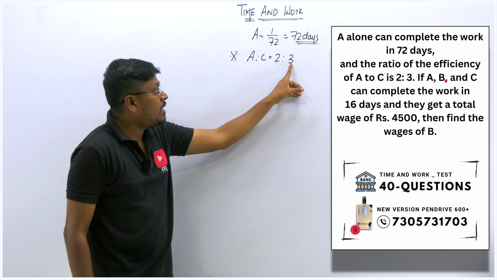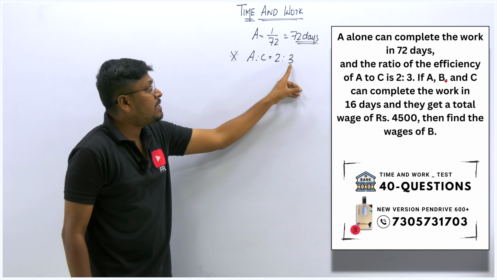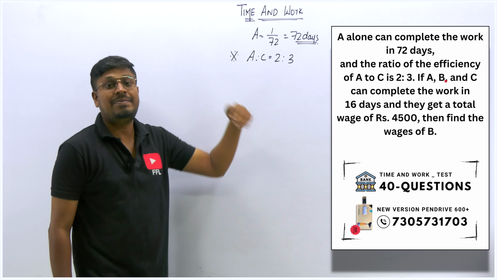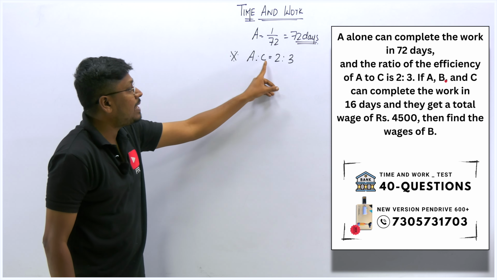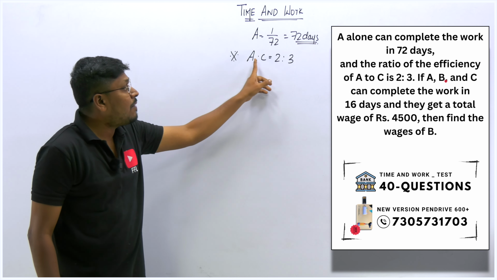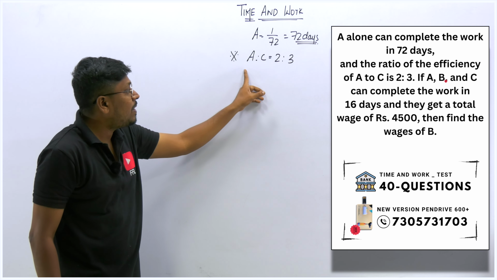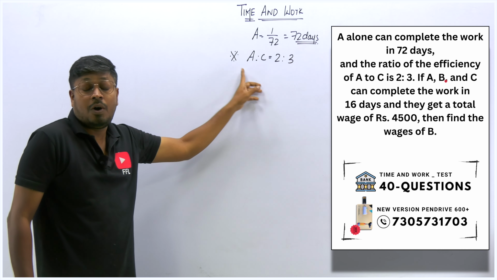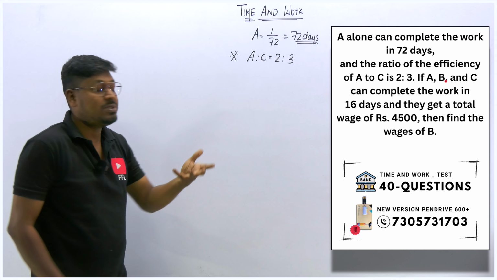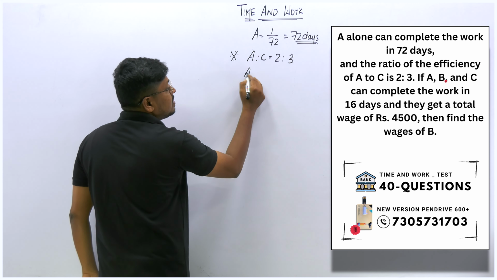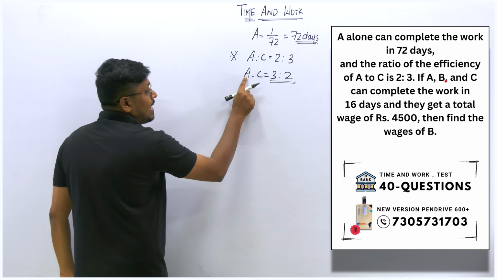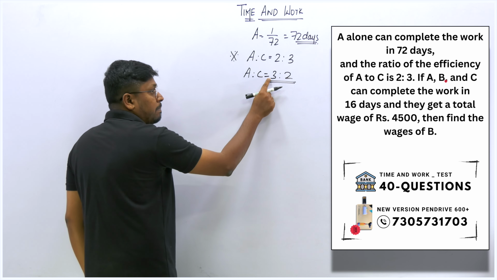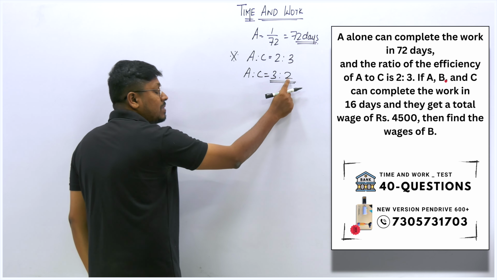If C is more efficient, then C can complete a piece of work in fewer days when compared to A. That is the logic here. So now we have to convert the efficiency ratio into time, that is, how fast they can complete a piece of work. So we can say A is to C will be 3 is to 2. Friends, understood or not? A takes more time to complete a piece of work compared to C. Why?